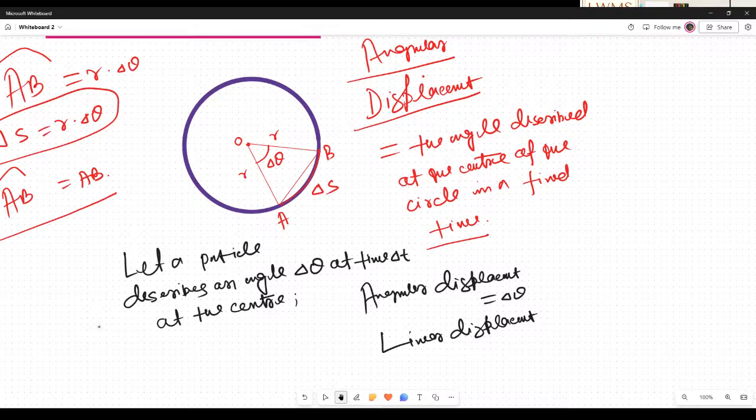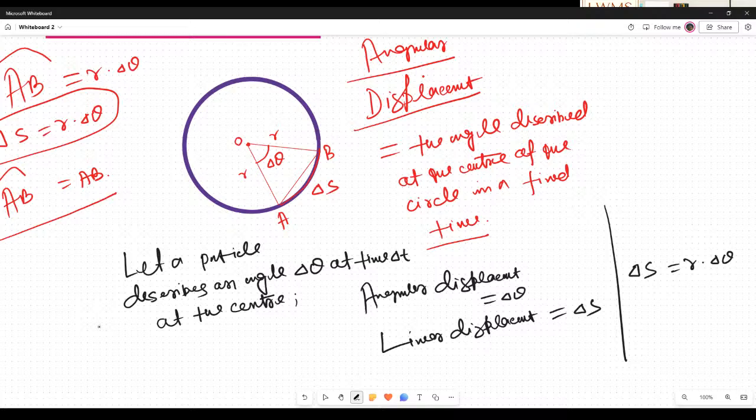Gradually I will explain all those things. The direction of angular velocity is very difficult for you to find at this moment. That will be found in rotational motion. Okay? So here angular displacement delta theta will be related to linear displacement delta s, and by using trigonometry delta s equals r delta theta.